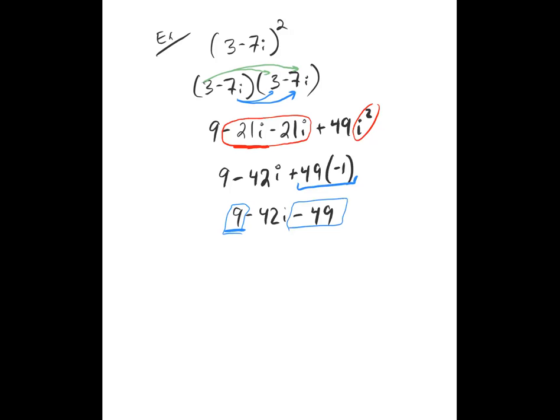So 9 minus 49 gives us a negative 40 minus 42i, and we see that we have it in the correct form, a plus bi. If I'm not mistaken, I think your homework was going to say to write it in the standard form of the complex number, which is a plus bi. Any questions?